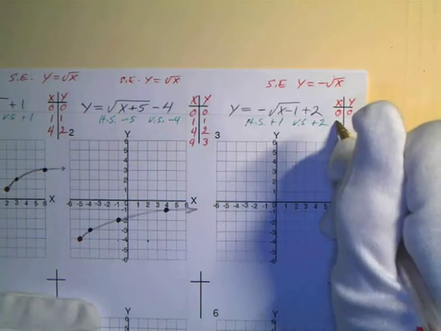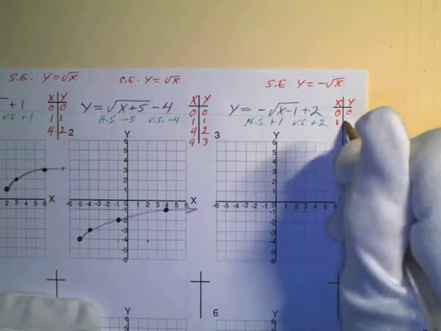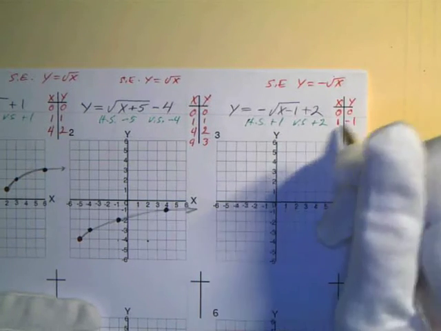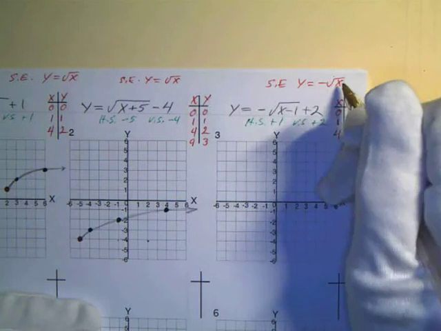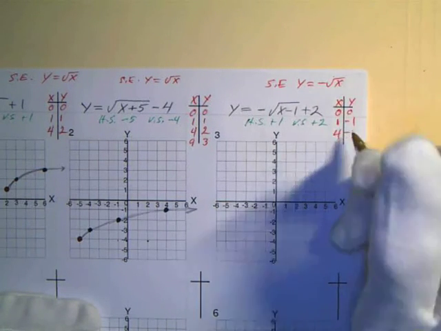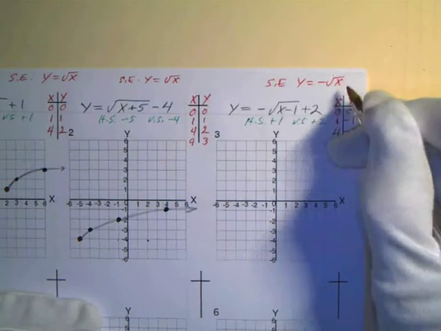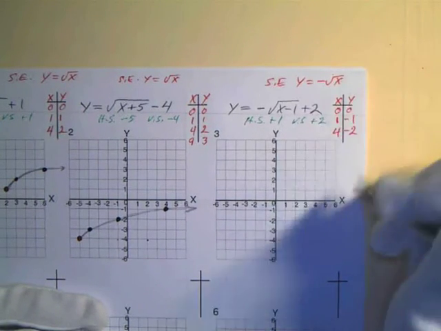And I can try 1, and the square root of 1 is 1, but I've got negative times that, so I'm going to have -1. And then like we tried before, we'll try 4, but the square root of 4 is 2, but I have a negative in front, so that's going to be -2. Remember, the square root of a number is always going to be positive, so we take a negative of that, all these will be negative.